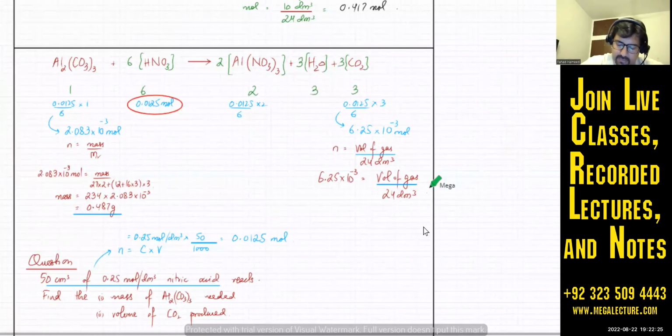We're getting the volume of gas as 0.15 decimeter cube.